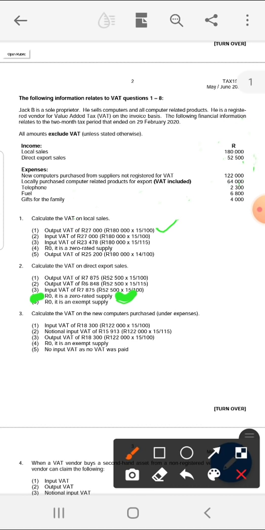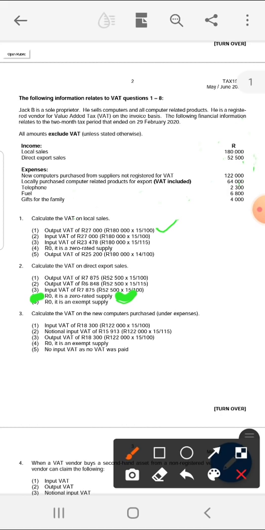And then for number 3, calculate VAT on the new computer purchased under expenses. Remember, we purchased this new computer from a supplier who is not a registered VAT vendor.